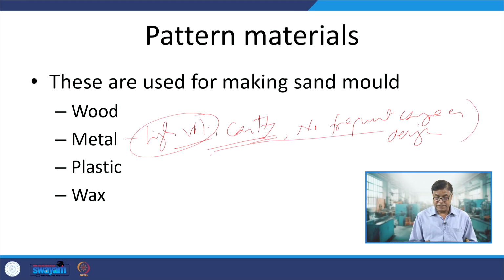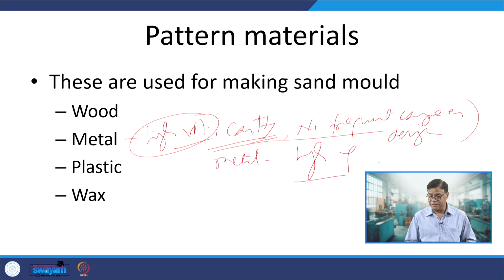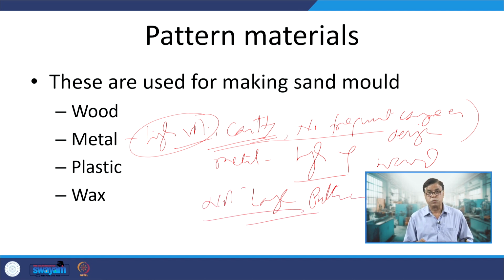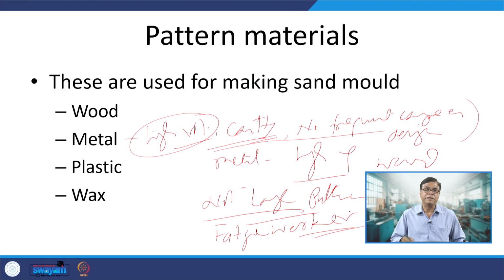But since metals have higher density as compared to wood, metallic patterns are heavier, and so they cannot be used for very large size patterns. This is one, and they cause a lot of fatigue to the workers because of the heavy weight of the pattern used for preparing the mold.